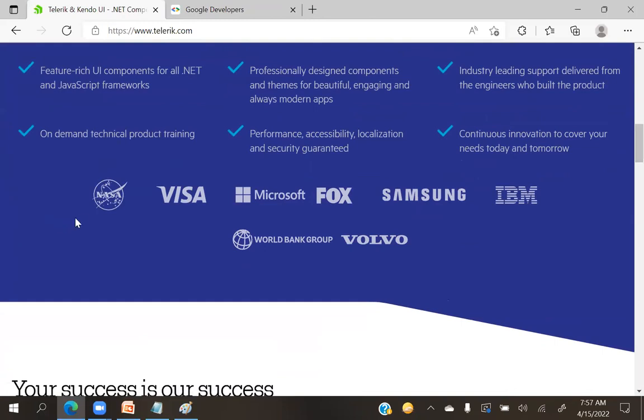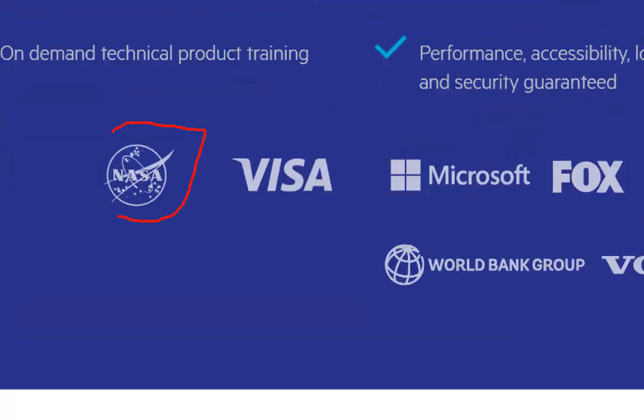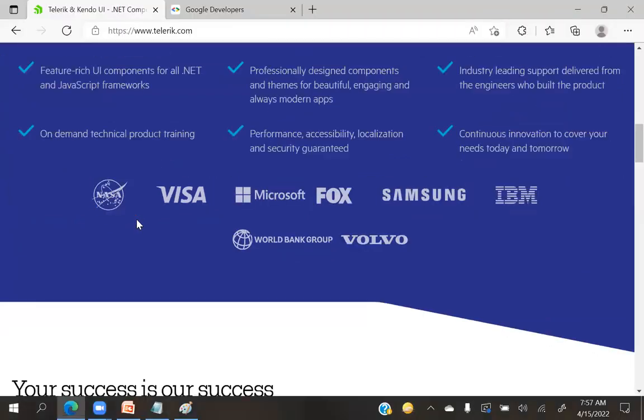That means NASA is a customer of Telerik, so you can imagine their abilities. They are providing software support for people like NASA. That means what your technology is not capable of, these people will build and give. You have to purchase that library and use it.